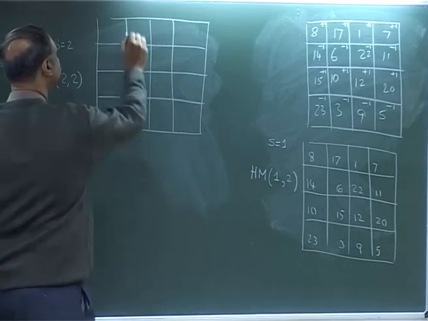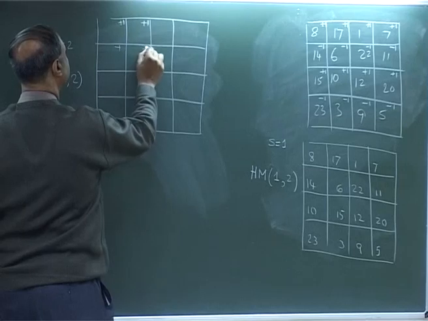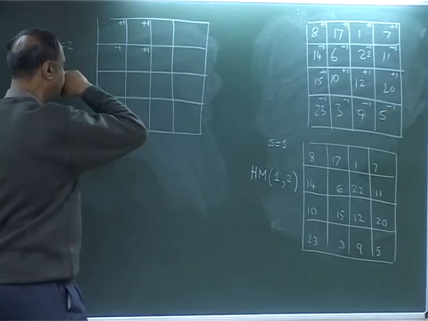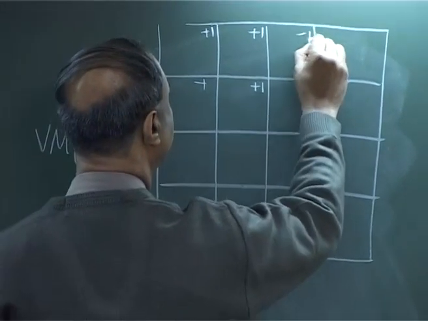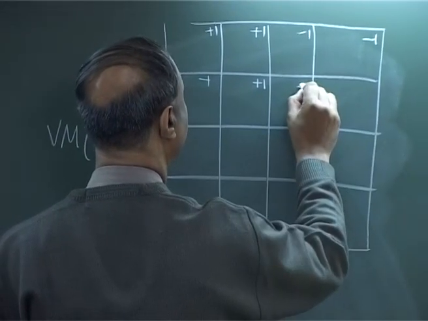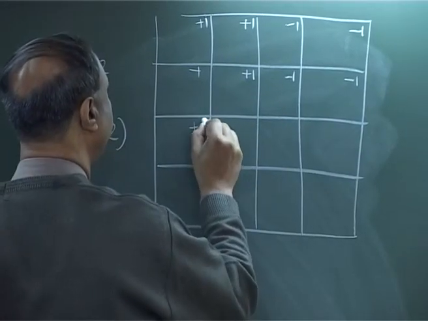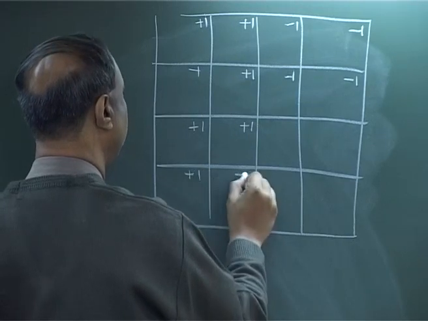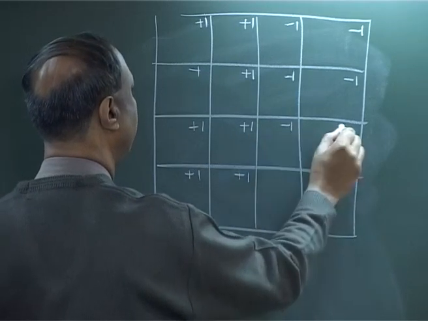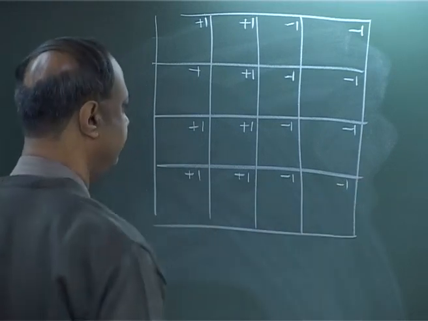So, 0 by 4 is plus 1, plus 1, plus 1, plus 1. Now, 4 by 4 is 1, then 5 by 4, 6 by 4, 7 by 4, 8 by 4, 9 by 4, 10 by 4, 11 by 4, 12 by 4, 13 by 4, 14, 15.